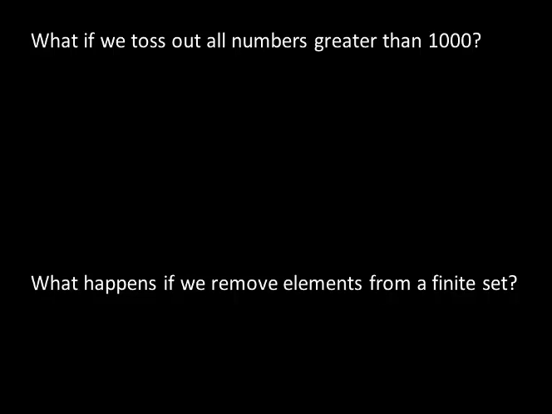Well, that doesn't always happen. What if we throw out all the numbers greater than 1,000? Then what do we have left? We're left with the set containing 1, 2, 3, 4, up to 1,000, and that's all we have left. This is a finite set.